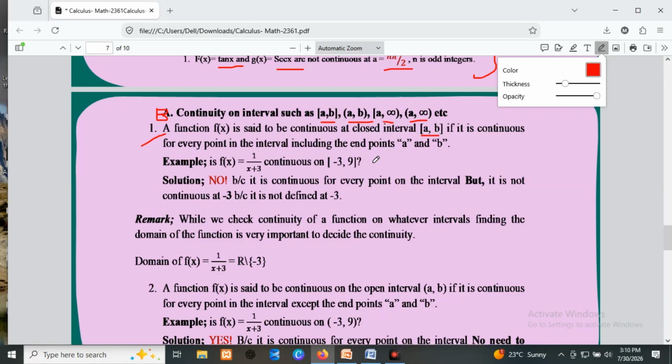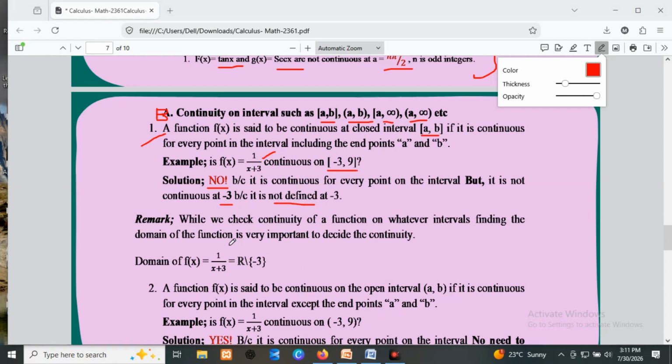Let's see an example. f of x equals 1 over x plus 3. Is the function continuous on the closed interval minus 3 up to 9? No, because it is continuous for every point on the interval, but it is not continuous at minus 3 itself, because it's not defined.